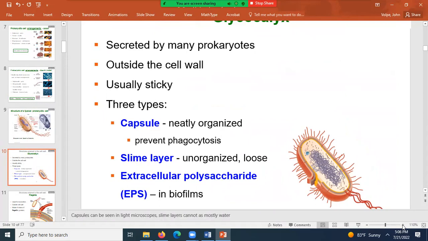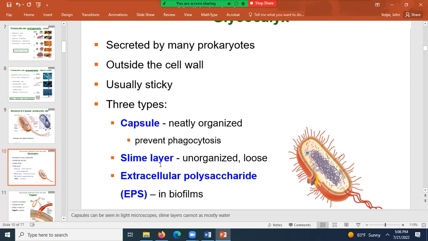So there are glycocalyxes that you cannot see in the light microscope, and the main molecule of these glycocalyxes is just water. We call that a slime layer. It's an unorganized layer. It's loose, and it's mostly water, which is why it doesn't show up with the light microscope.